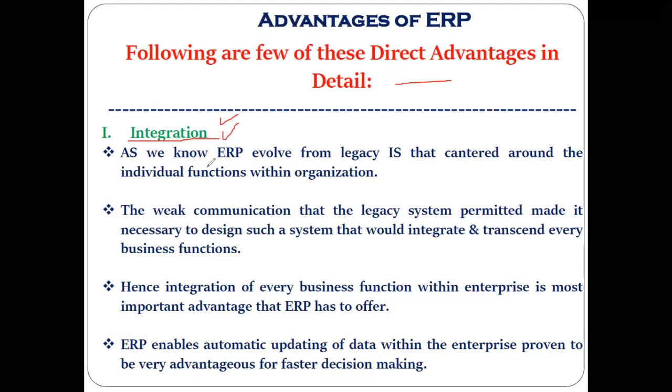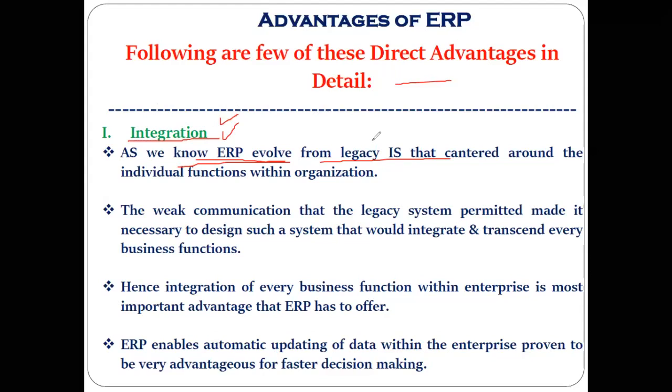As all of you know, in the evolution of ERP, we have seen ERP evolve from the old kind of information system up to the modern kind of information system. Old, in the sense, I am not saying the traditional information system.